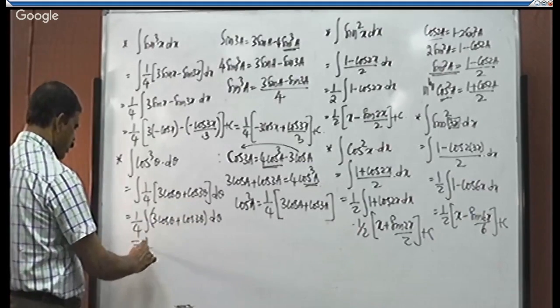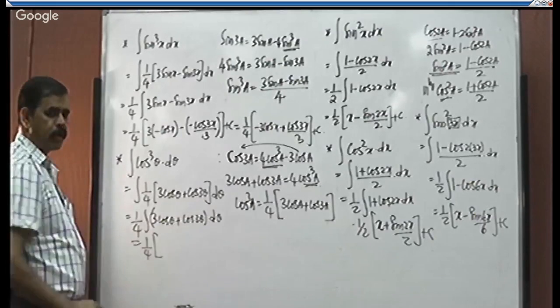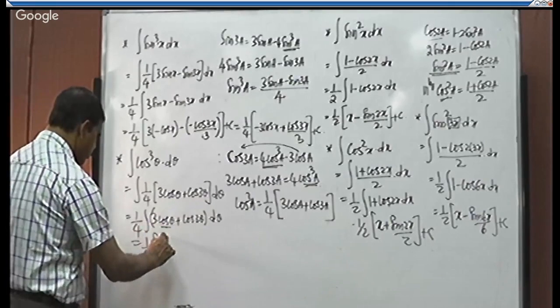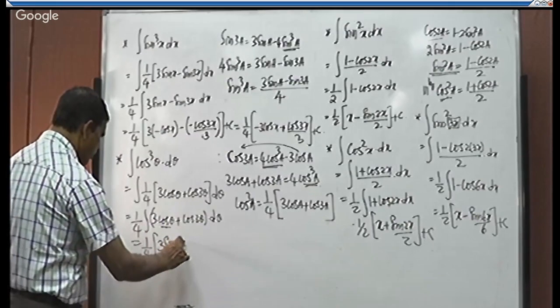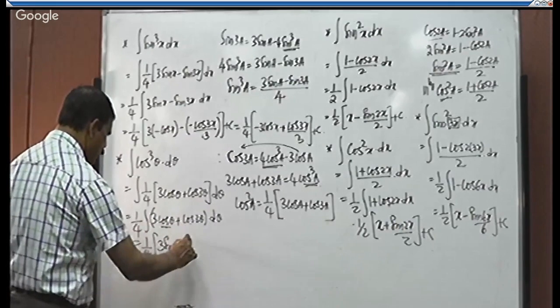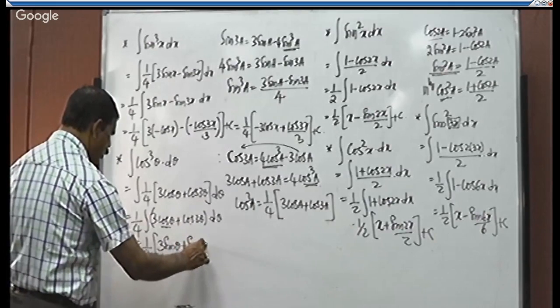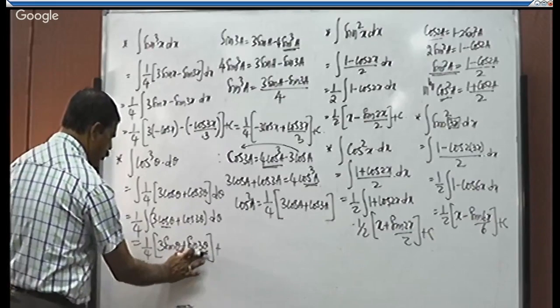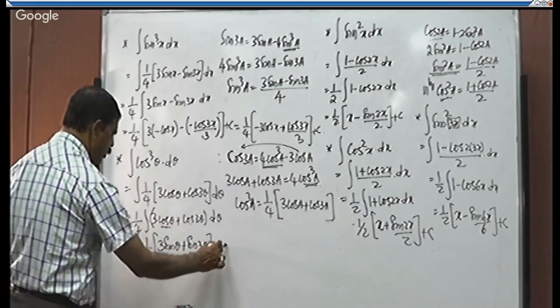Keep 1 by 4 as it is. Integrate the integral. 3 into integration of cos theta is sin theta, plus integration of cos 3 theta is sin 3 theta divided by 3, since the coefficient of theta is 3, plus c.